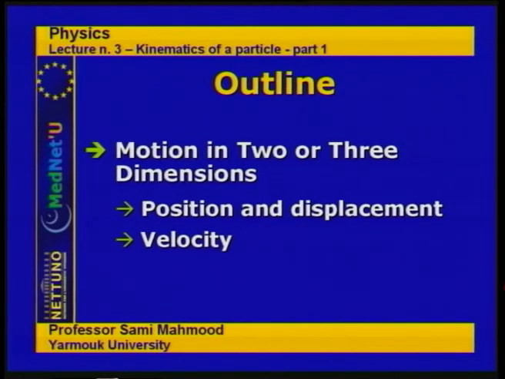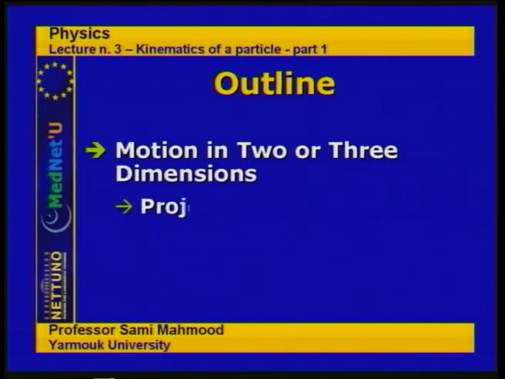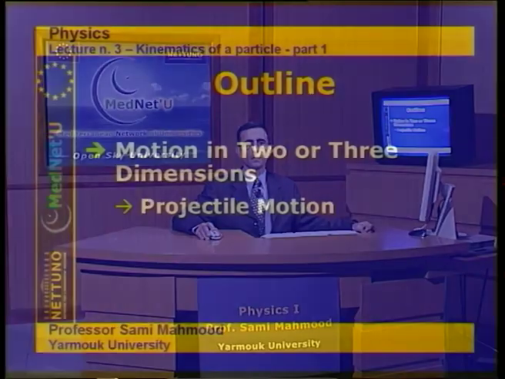We will define the velocity and the acceleration. And after we have defined these parameters, which are necessary for the description of motion, we will take a special case and we will study the motion of a projectile, an object under the influence of gravity, projected with a certain initial speed.